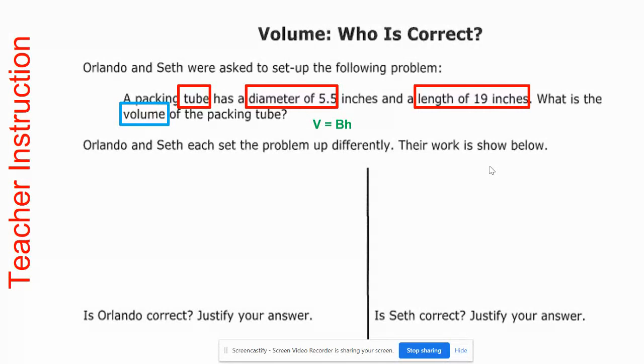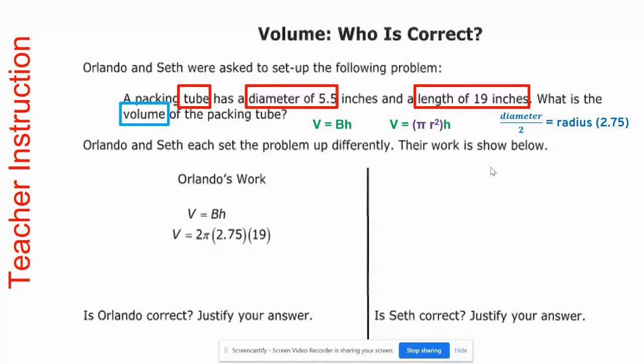Because we're using a cylinder, it has a circular base, so I need to substitute pi r squared in place of big B. Now, the formula asks for radius. My problem gives me diameter, so I have to do a little work. I have to take the diameter, which is 5.5, divided by 2, and it gives me my radius, which is 2 and 75/100. And that's what we're going to use.